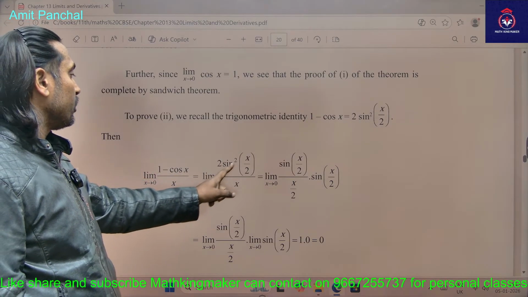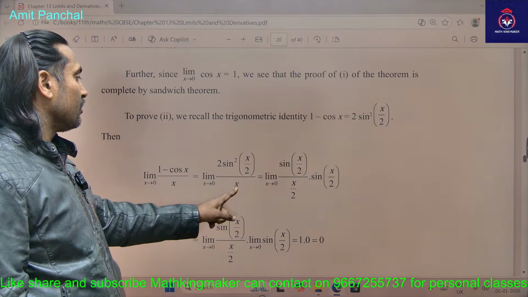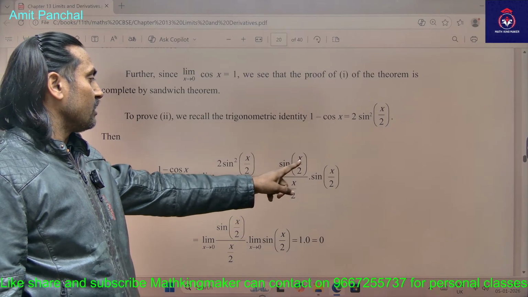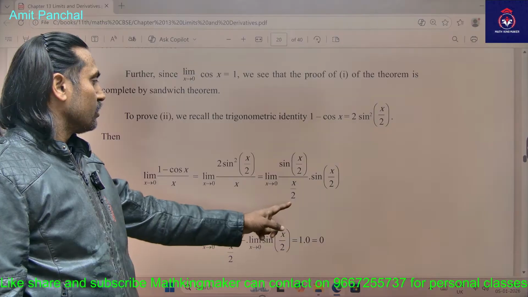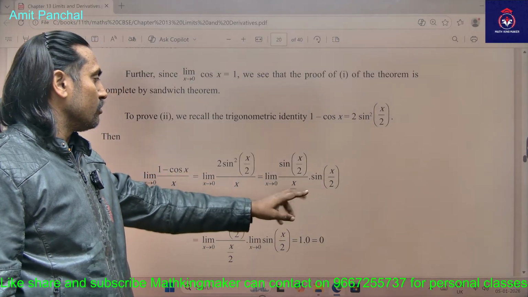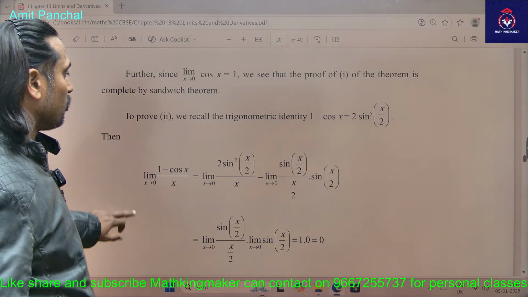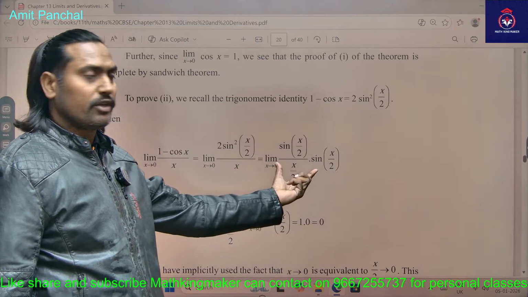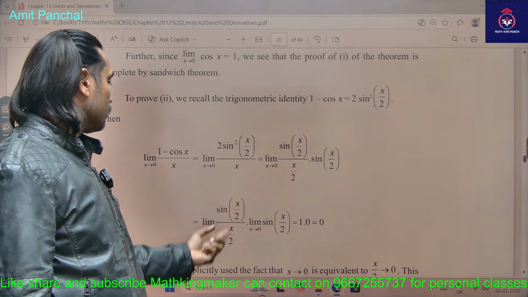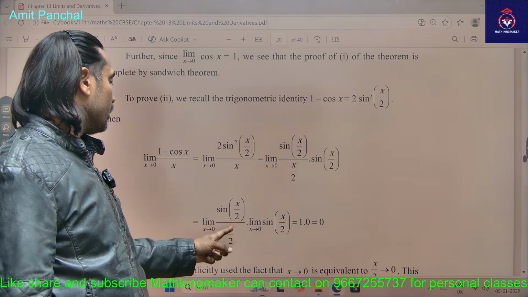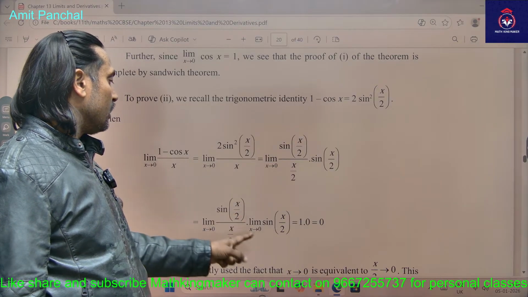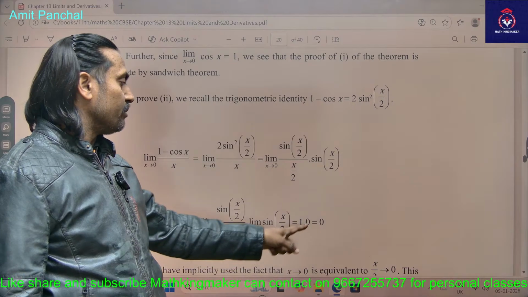So you just have to remove this 1 by using the cos formula. It will be 2 sin square x by 2, divided by x. So we write sin x by 2 by x by 2, and it is sin x by 2. So we can use the product rule of limits. Limit x tending to 0 of sin x by 2 by x by 2, its value is 1, and limit x tending to 0 of sin x by 2, its limit is 0.